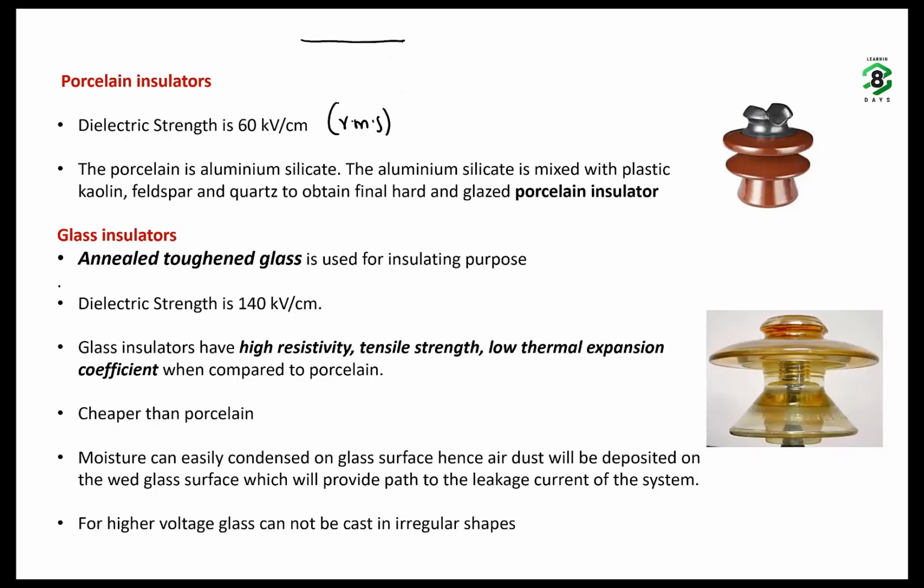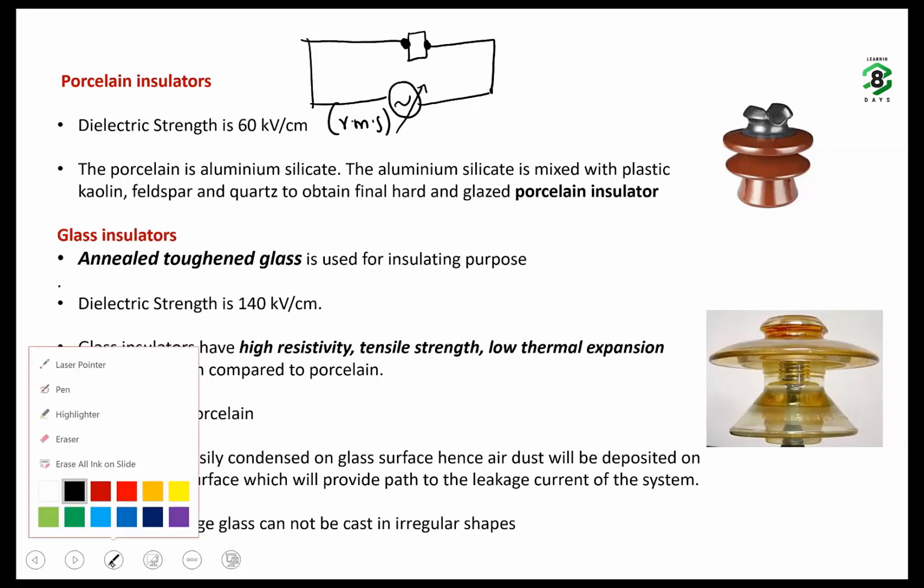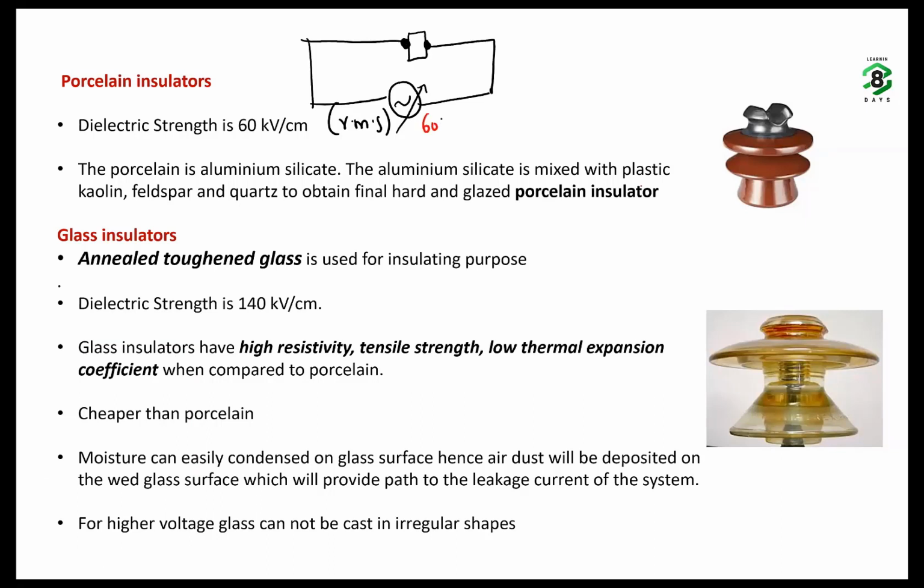Suppose you provide a 1 centimeter gap and keep a porcelain piece between these 2 points, and you apply an AC voltage which can be varied. If you keep on increasing this voltage, when you apply 60 kV, flashover will occur between these 2 conductors.